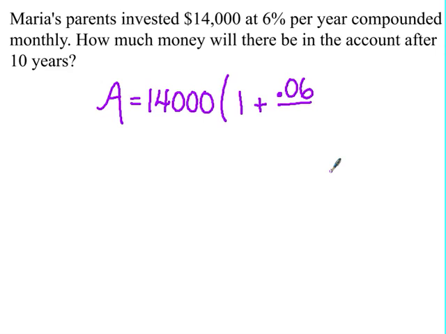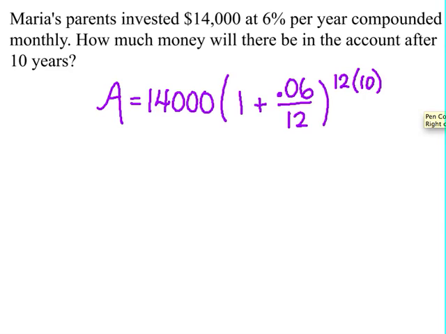What does it say? Monthly, which is 12. Then we take 12 times the time. How long are we looking at? 10 years. So it's just a matter of going through the problem and attaching the values.